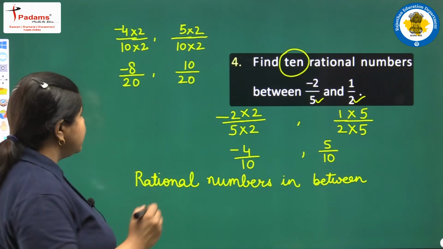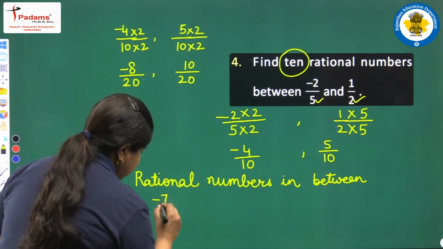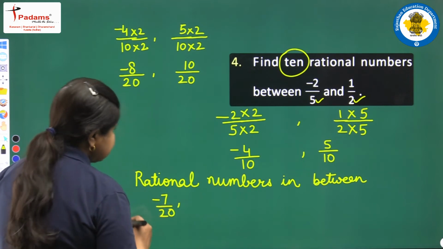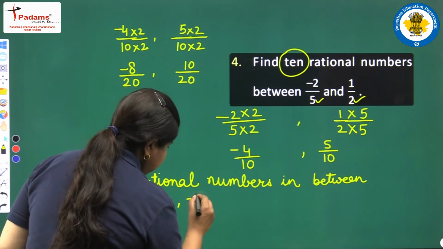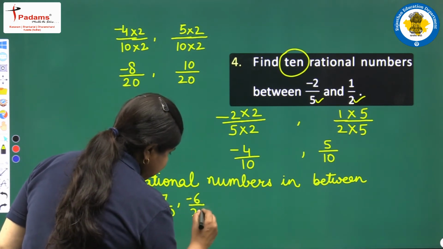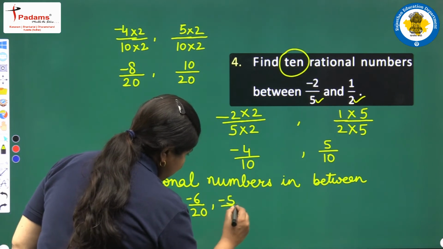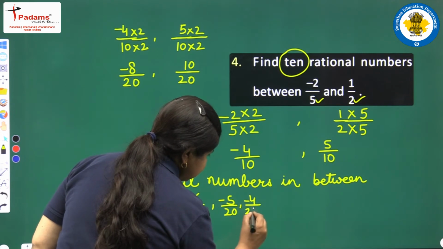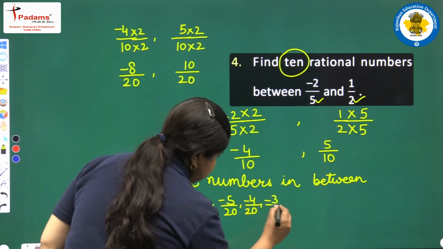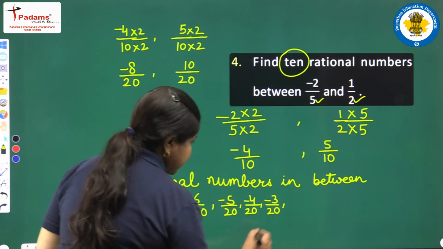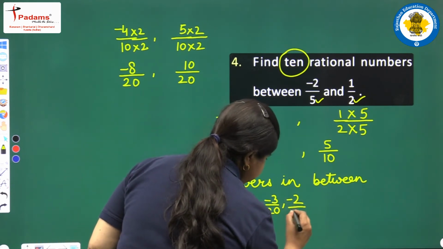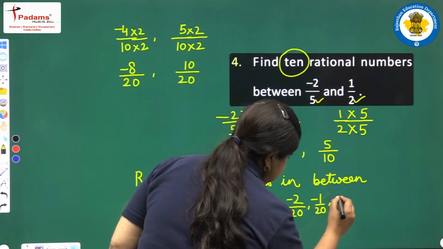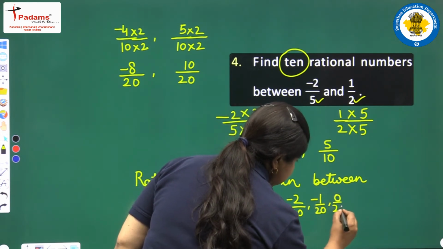So, we start from -7 by 20. We are writing rational numbers in between. -7 by 20, then -6 upon 20, -5 upon 20, -4 upon 20, -3 by 20, then -2 upon 20, -1 upon 20, 0 upon 20, 1 by 20.